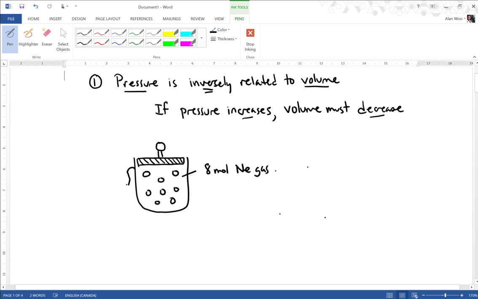The volume that we're talking about, represented by V, is not the amount. The amount is 8 moles. The volume is how much space that 8 moles of gas takes up. So volume means how much space a gas occupies.